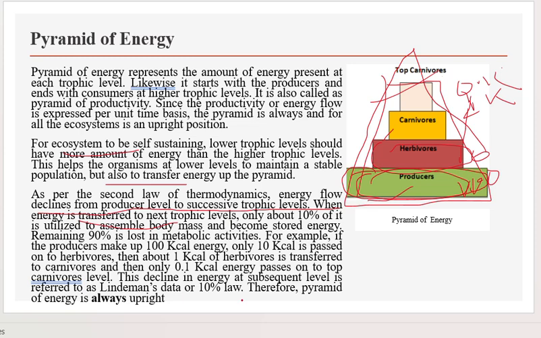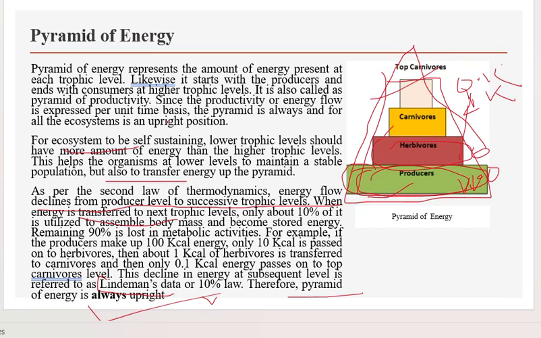This decline of energy during the transfer from one trophic level to another is referred to as Lindeman's law. Let's remember Lindeman's law, or you can say it is the 10% law. Therefore, pyramid of energy is always upright.